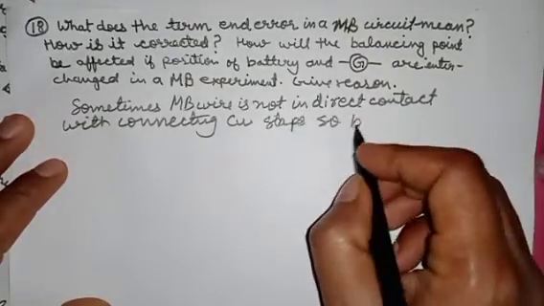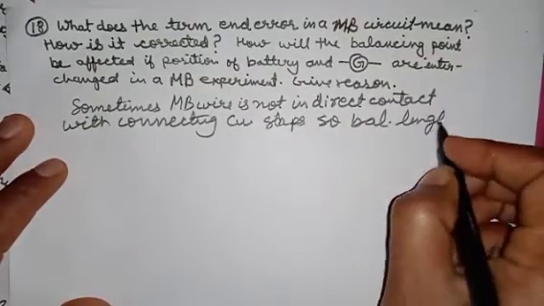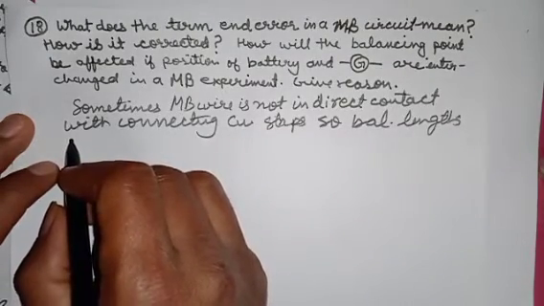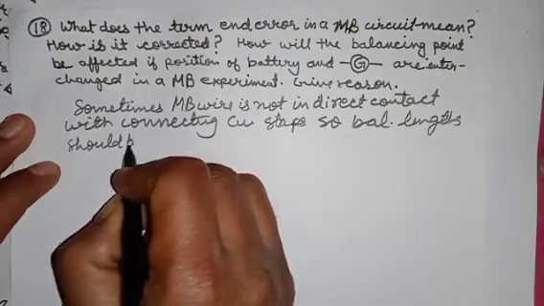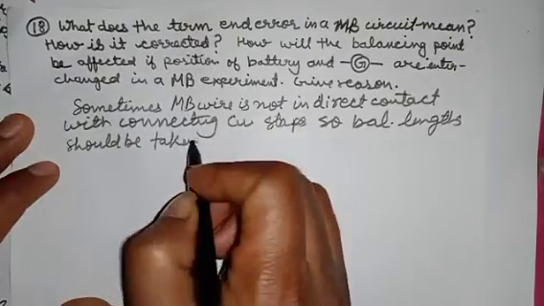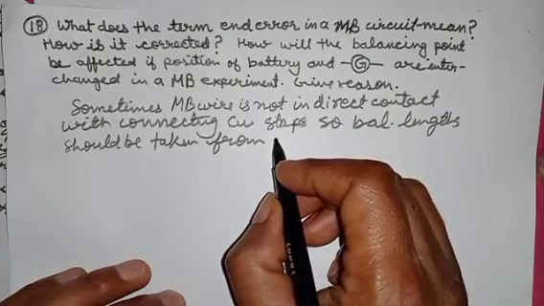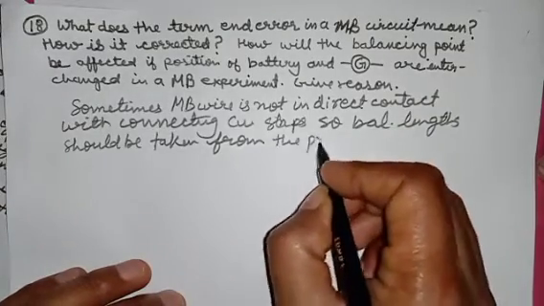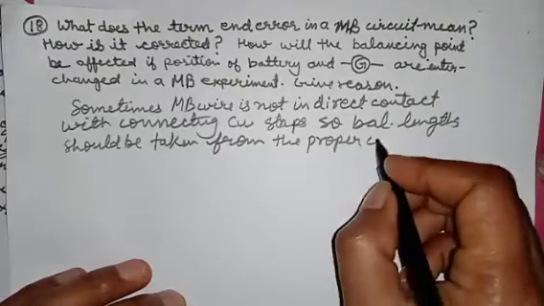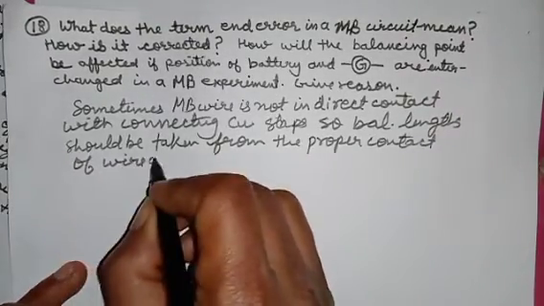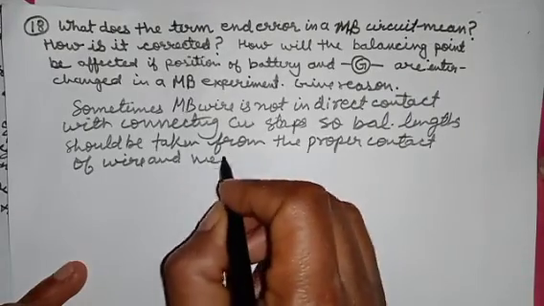So balancing lengths should be taken from the proper contact of wire and metal strip.